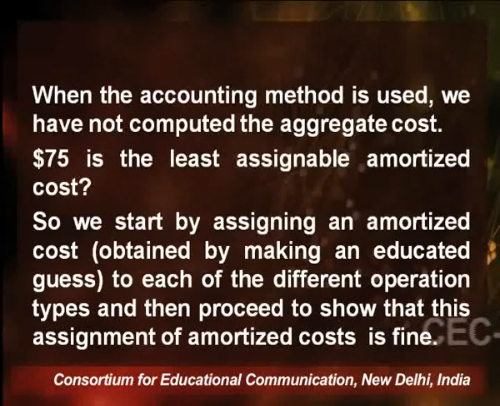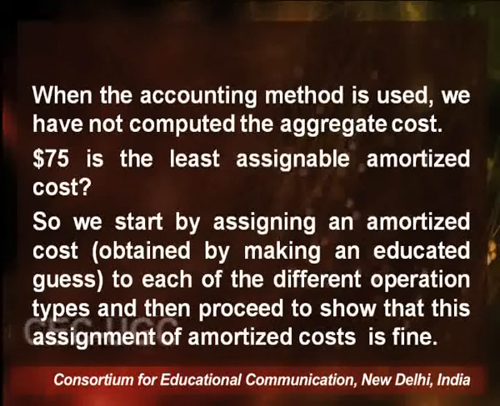We have not computed the aggregate cost. But now one question comes automatically to mind: is $75 an assignable amortized cost, or can we make it even lesser?